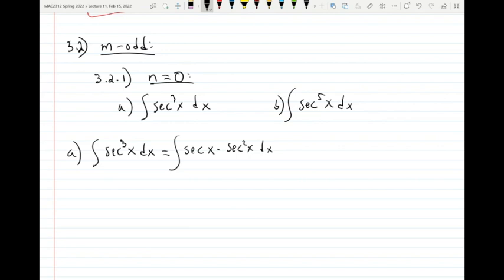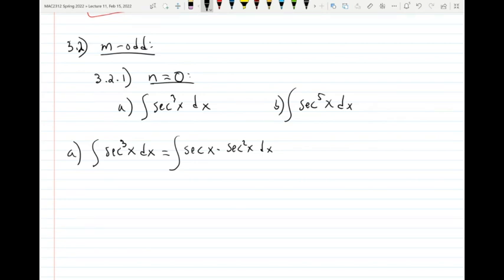Actually, this is done by parts. So let's see, what do you think to be our dv? Remember, the rule in most cases is that dv should be something that you can integrate nicely.